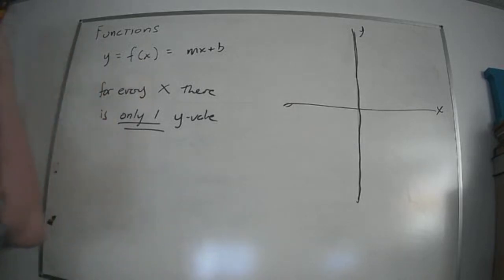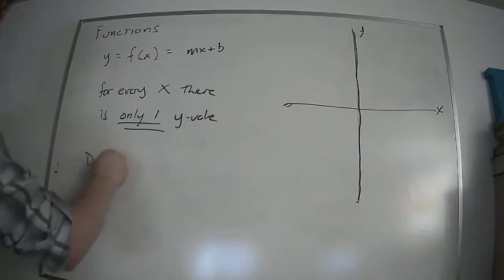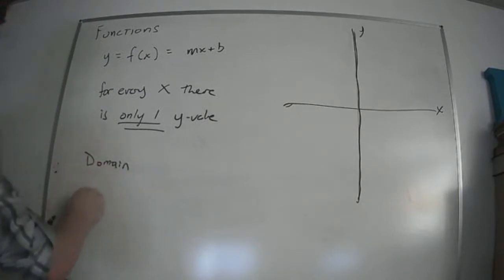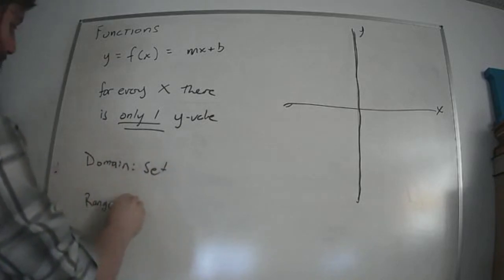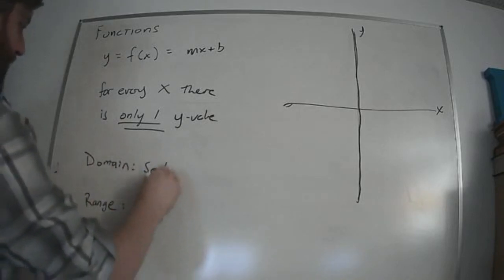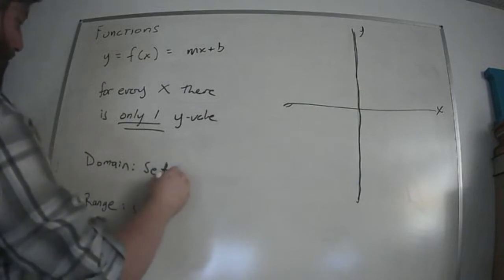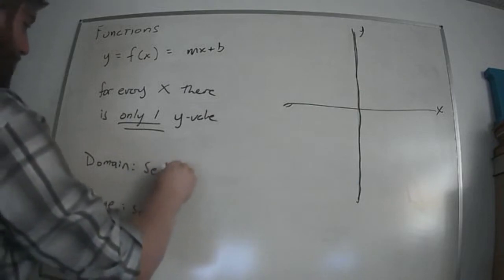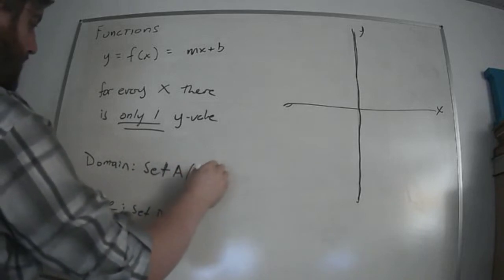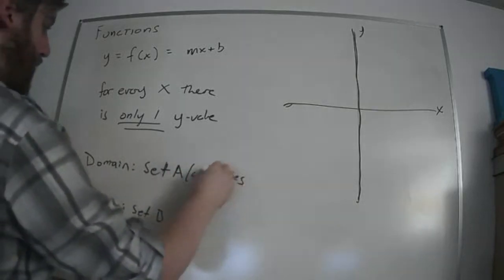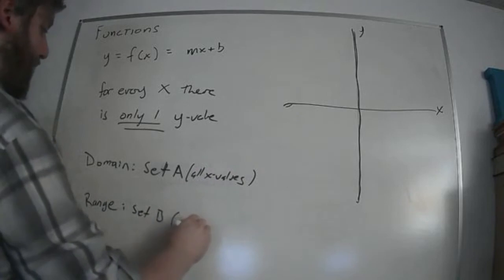So a function has two other attributes. As a domain, it has a range. If you look at the definition, this is set A, and this is set B, which means this is all x's, and this is all the y values possible.